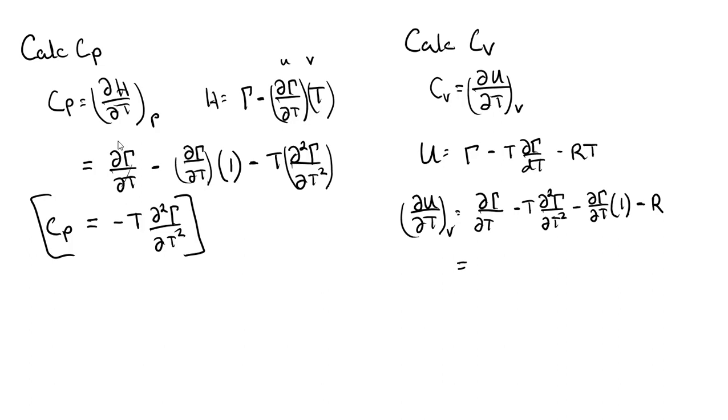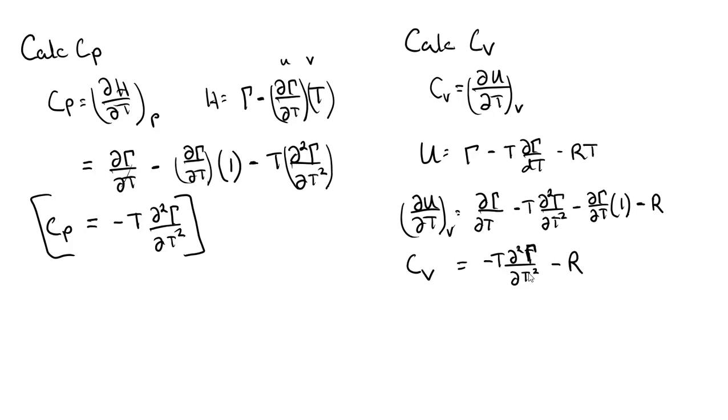What we're left with is minus T times the second derivative of Γ with respect to temperature, and minus R. So this is what Cv is.